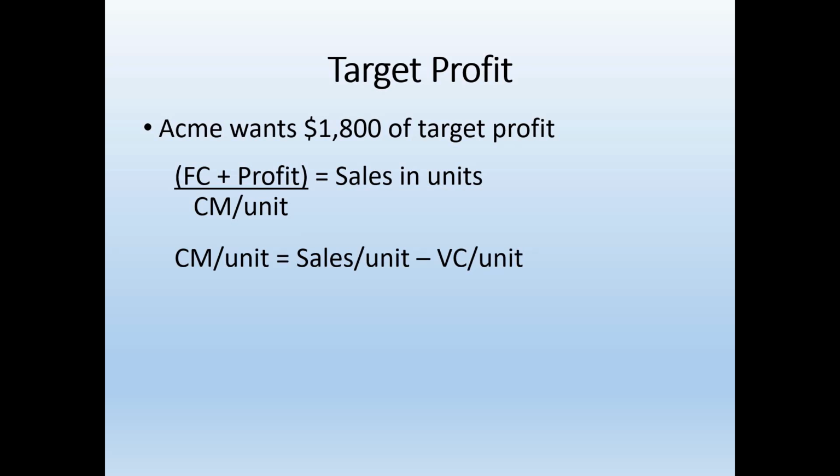It's still 60 cents of sales revenue minus 36 cents of variable costs for each unit, which gives us 24 cents of contribution margin per unit. Now we need to add all of our information to our basic formula.